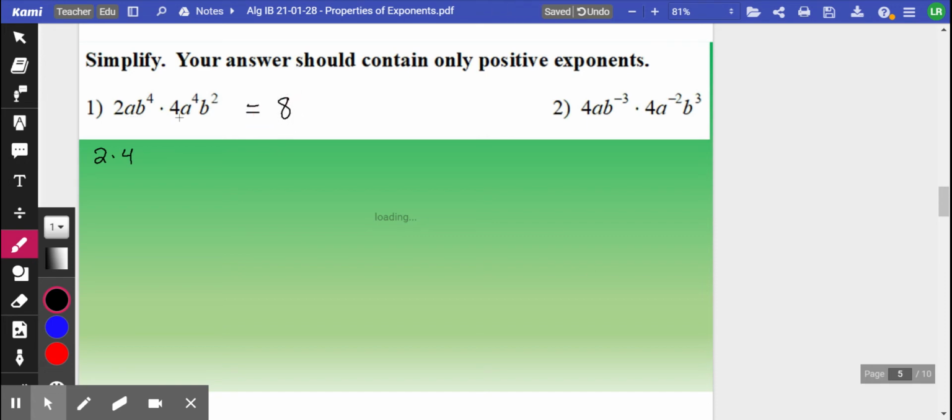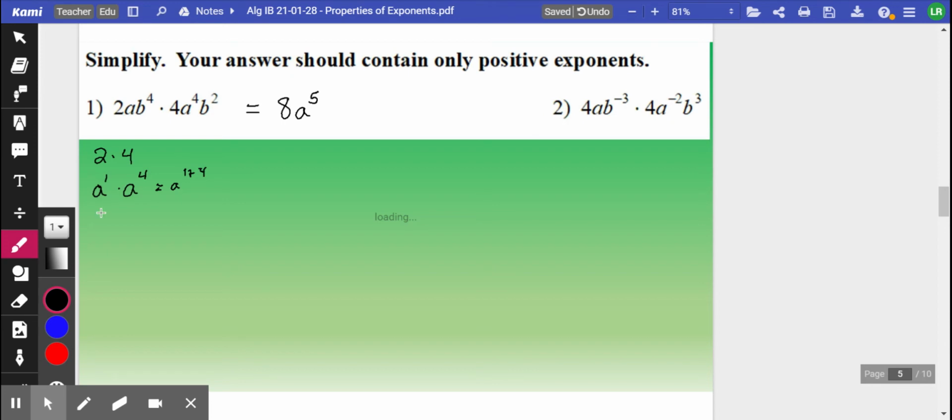Now, the a's are same bases. Those are being multiplied together. Now, it's a very common mistake with this first one, okay? With this first one, we have to remember that that is a to the first, okay? If they don't put the exponent there, it's a to the first. So I have a to the first times a to the fourth. Well, 1 plus 4 is 5.